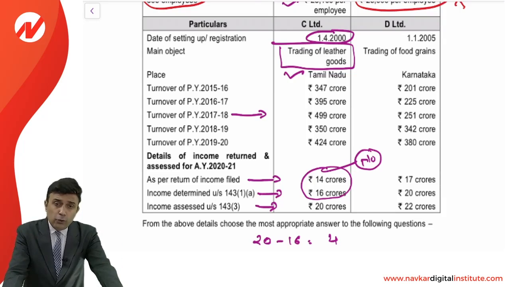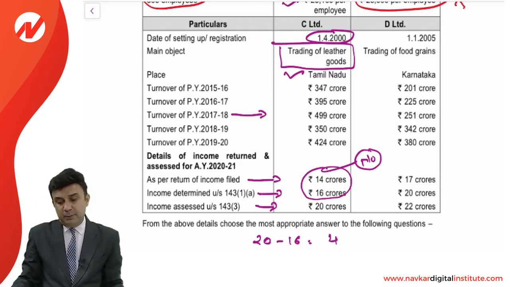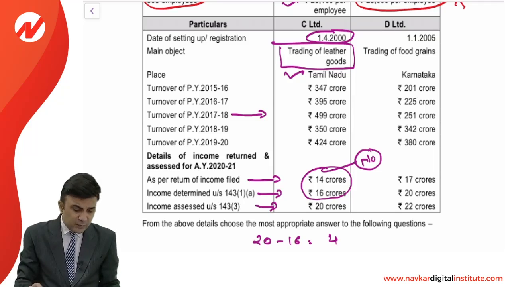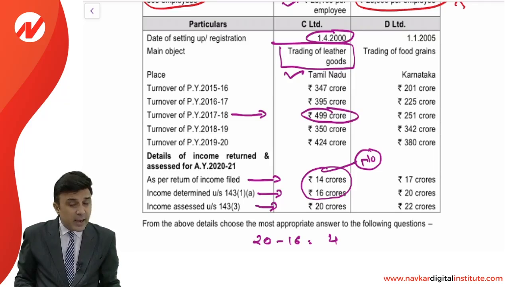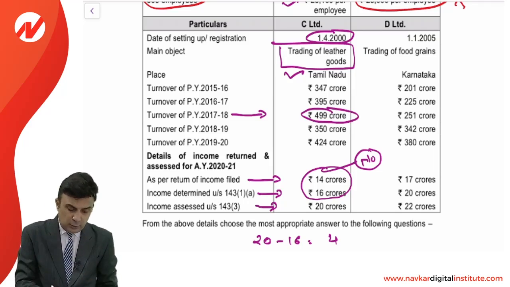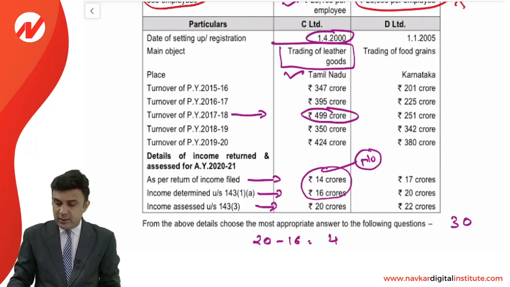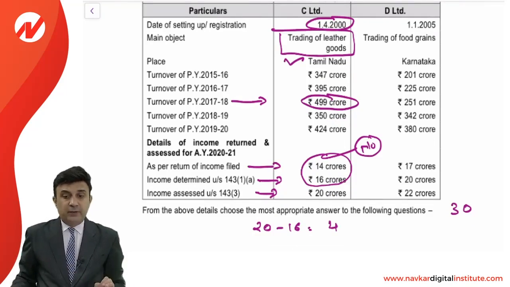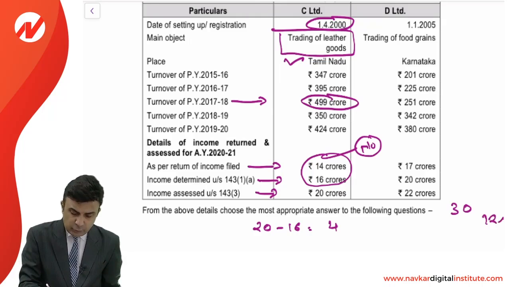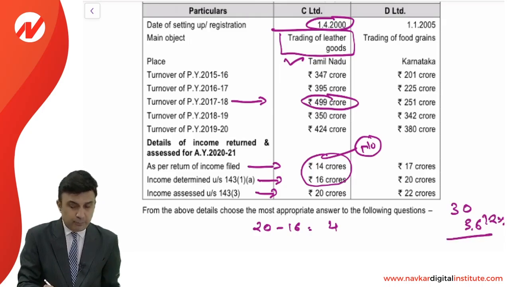Now on 4 crore, if I check my tax payable, can I say my turnover in the year 17-18 is 499 crore? That is exceeding 400 crore. So my tax rate will be 30%. On 30, I am supposed to have surcharge. As my income is 4 crore, my surcharge will be at the rate of 12%. So that would be 3.6.